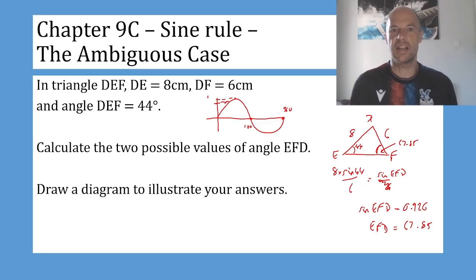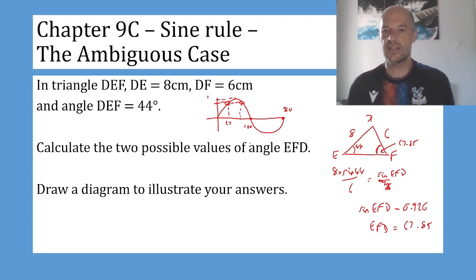So there are actually two possible answers, and I've only got this first one of 67. What about this one here? It's still less than 180, so it's possible that this will work. So the next one is going to be 180 minus 67.85, and so I could also get 112.14 degrees. So there are two possible sizes of this angle.